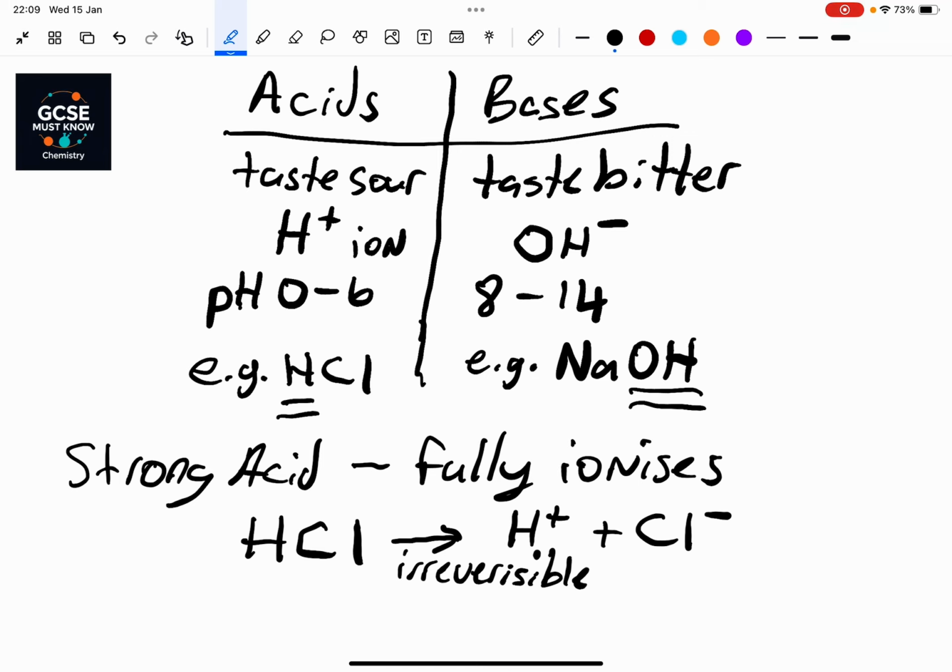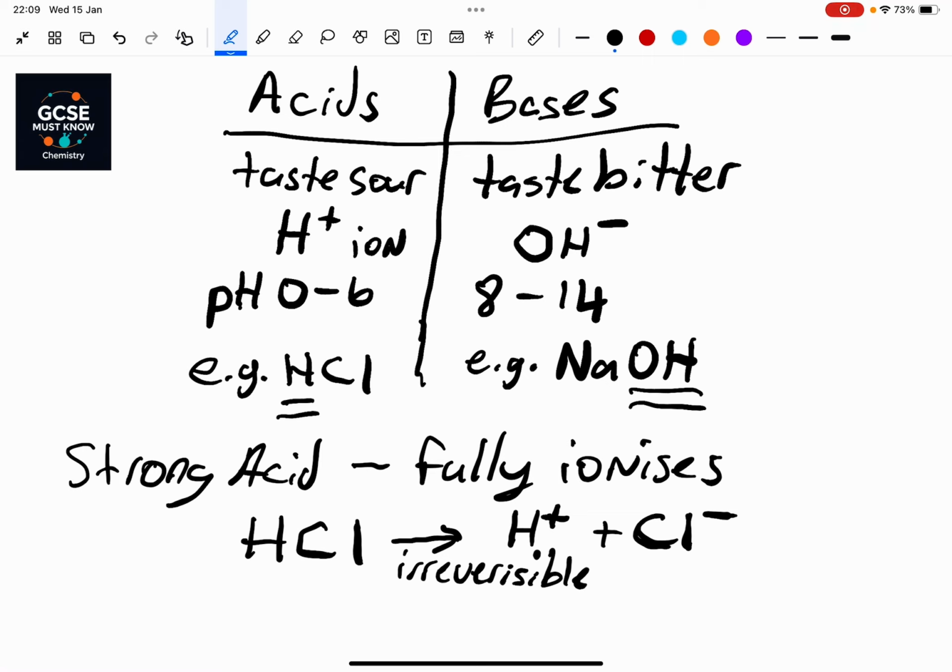Hydrogen is associated with group 1, so it will lose one electron and become H+, and the chlorine will gain one electron and become 1-. And so when that hydrochloric acid ionizes it becomes H+ and Cl-. We know it's a strong acid because of that one directional arrow.